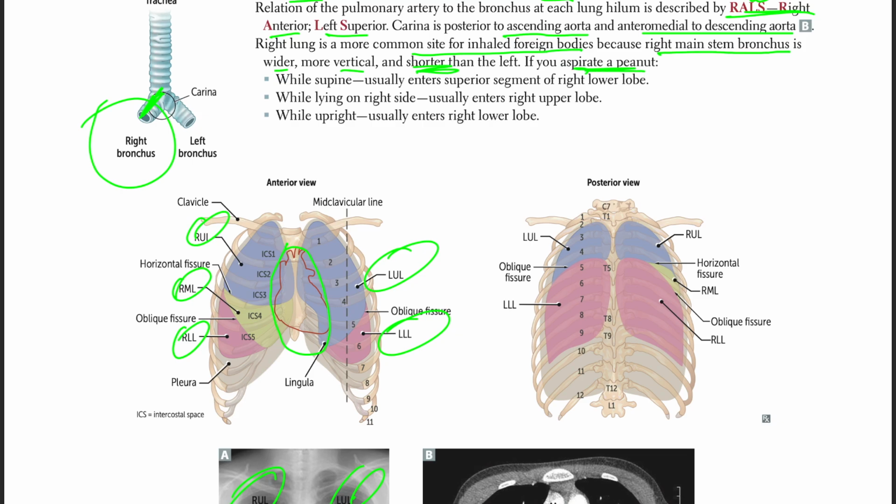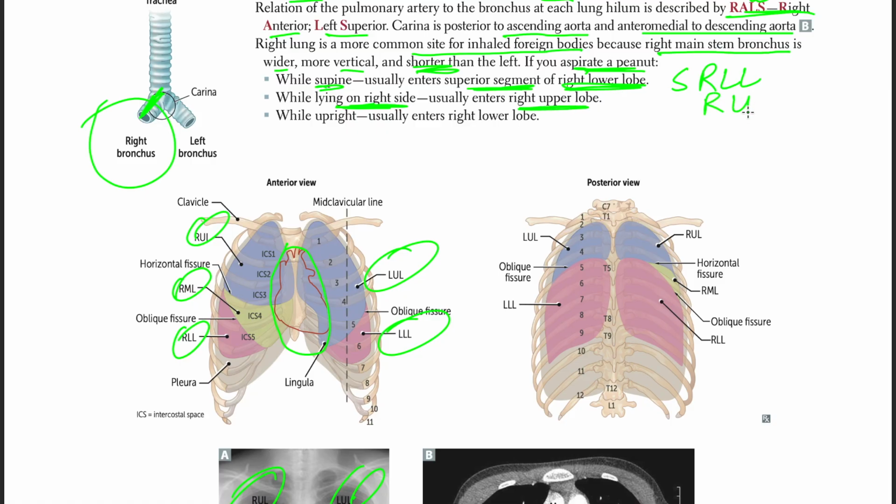So if you aspirate a peanut, where is it going to go? If you're supine, meaning you are lying straight with your face towards the sky, usually it enters the superior segment of the right lower lobe. So we just write here SRLL, right? While if you're lying on the right side, it's going to enter the right upper lobe.